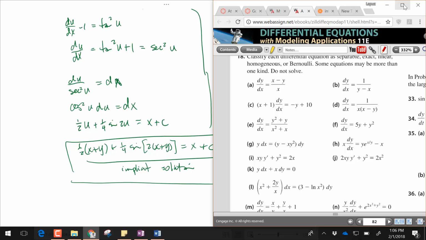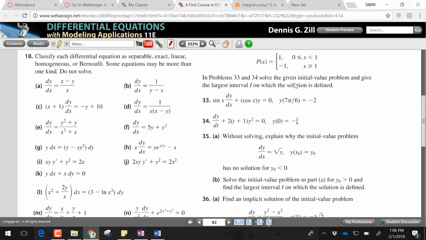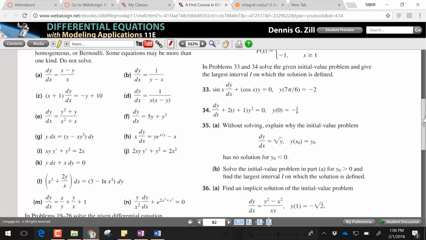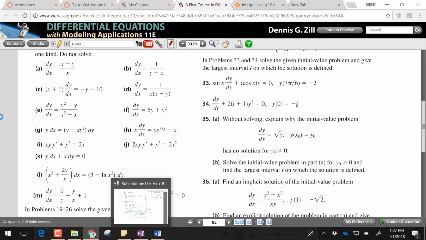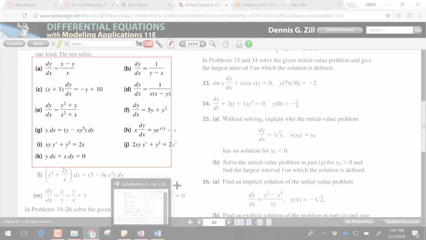So you have to look at it and determine what to use and how to approach it. So the place to go for problems like that would probably be the review sections. And here's a portion of the review section in chapter 2. So let's copy this whole thing, put it in our notes, and then do a couple of these problems.